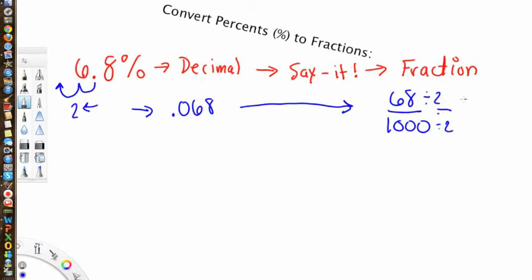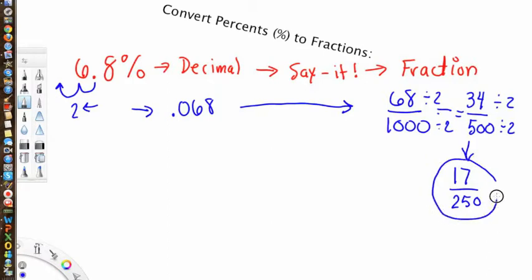Okay, 68 divided by 2 will be 34, and 1,000 divided by 2 will be 500. Okay, now that's an equivalency, but we still have 2 even numbers that we're working with. So let's take it one more step. I can still divide both the numerator and denominator by 2. 34 divided by 2 will give me 17, and 500 divided by 2 is 250.